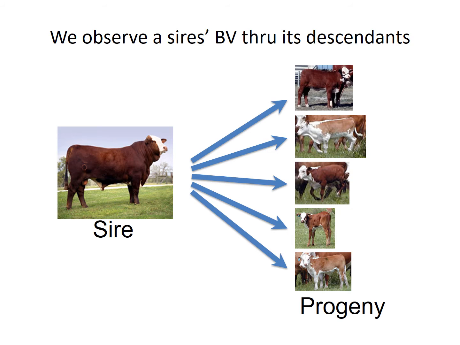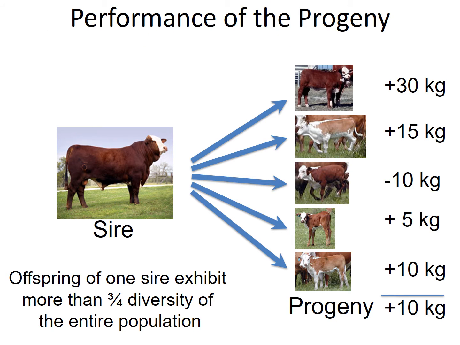So we observe the sire's breeding value through looking at his descendants. So if I generate a number of offspring from this bull and I measure them relative to the average in a particular herd, I will see that some of the offspring are heavier than average and some are lighter than average. And the differences that we observe will partly be due to the age of the calf.